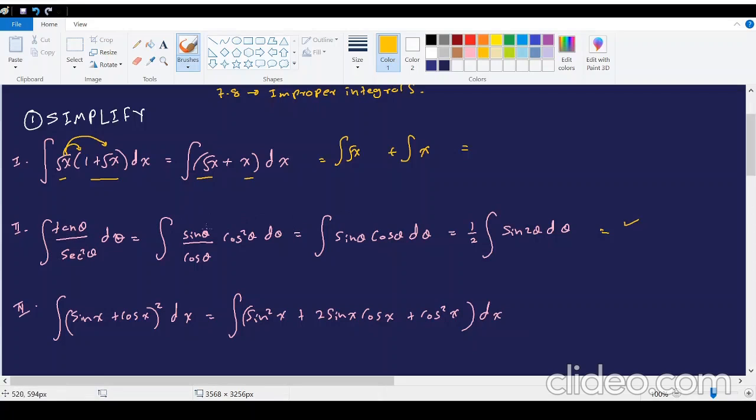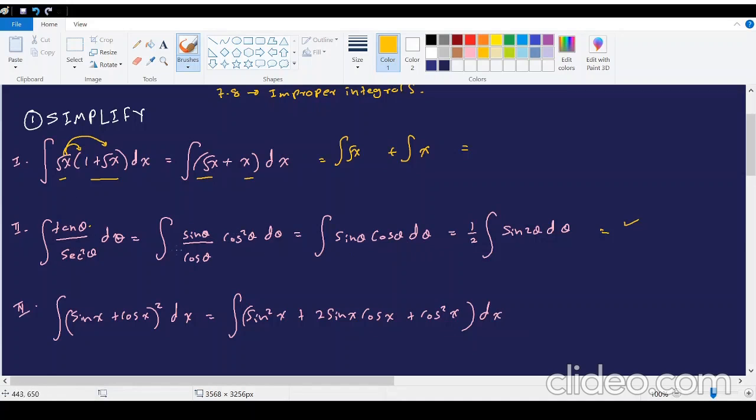It's not a theorem, it's not an exact rule, but most of the time it will work. If you have a lot of trigonometric terms within the integral, first try to see whether you can convert all of them back into sine and cosine theta.